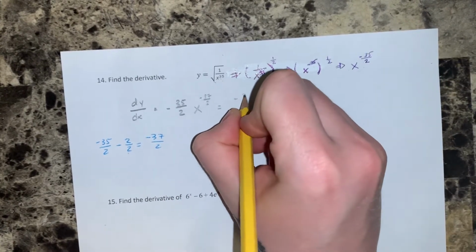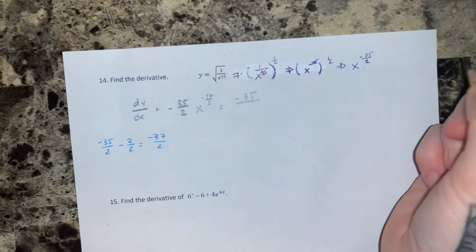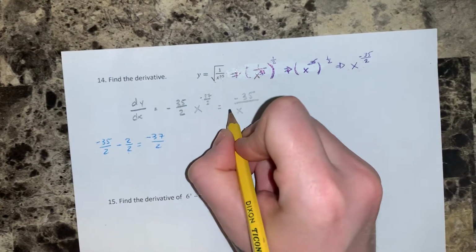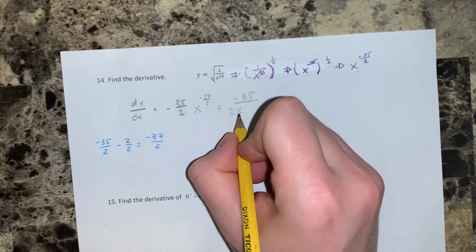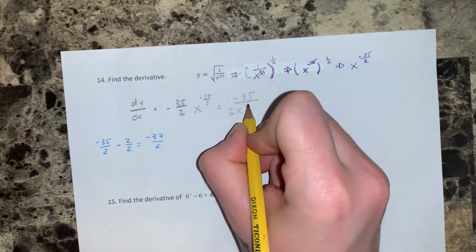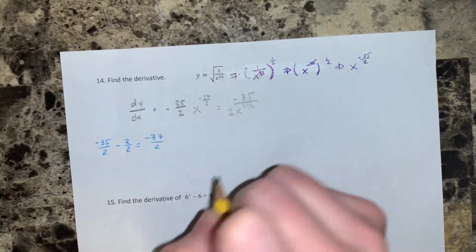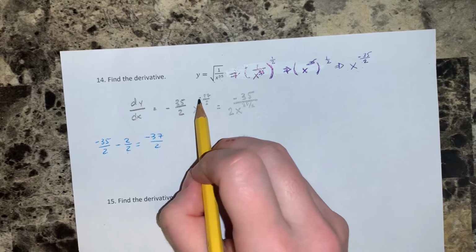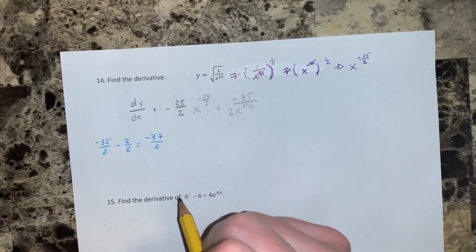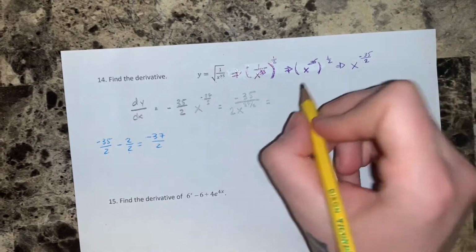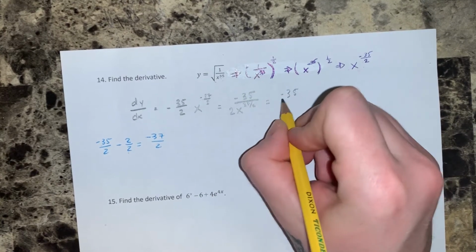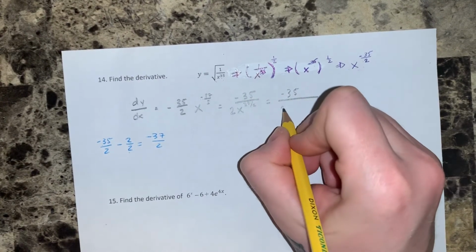So we're going to have negative 35 over 2, because that 2 is down here, 2x to the 37 over 2 power. Okay, so to get rid of this negative, we put this on the bottom of the fraction. Okay, we're not doing anything with the top. We're also not messing with this 2.